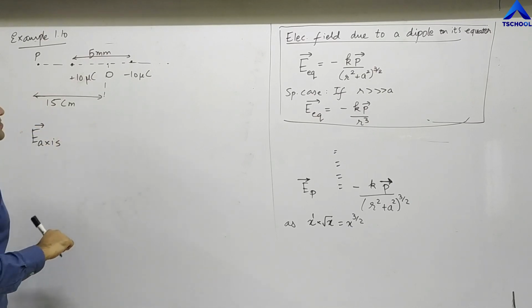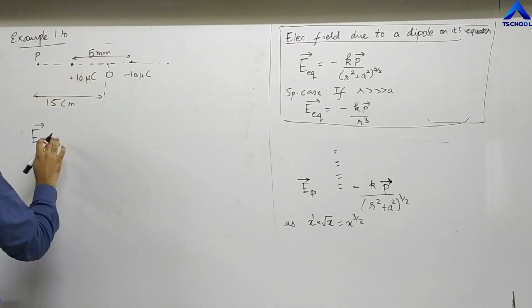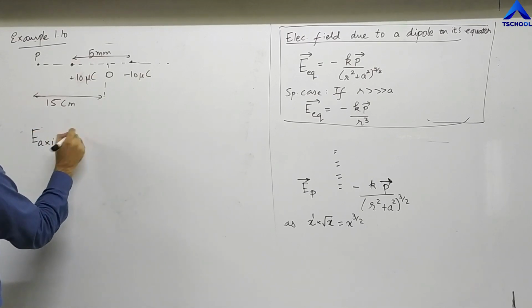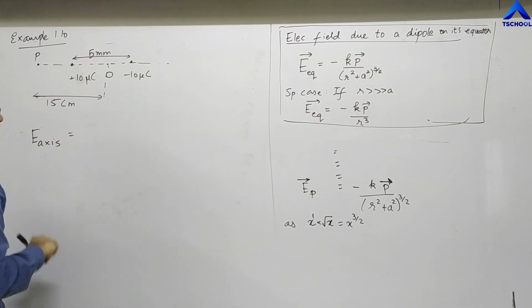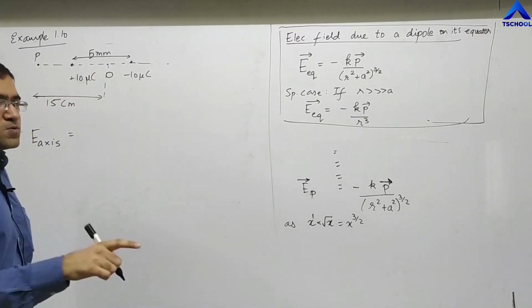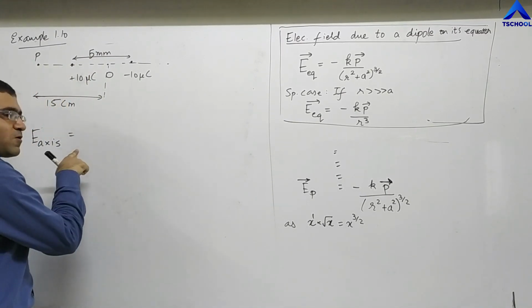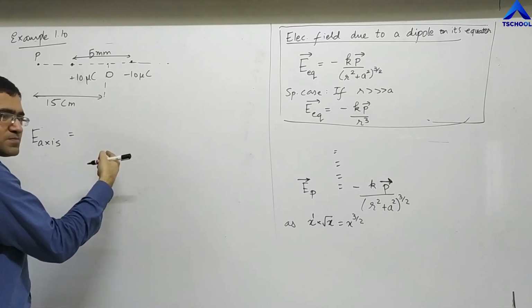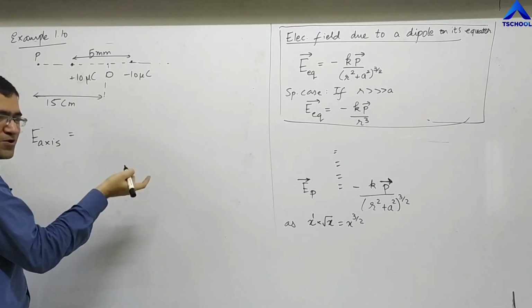Instead of writing P hat or P vector or anything like that, I'll just put the magnitude first and then I'll write the direction in words. So what's the formula for finding the magnitude of electric field on the axis of a dipole? I want you to recall it, write it on your own before I do. Pause the video if required.